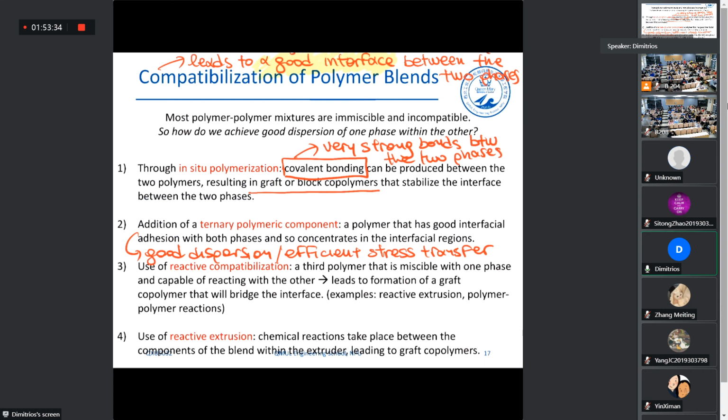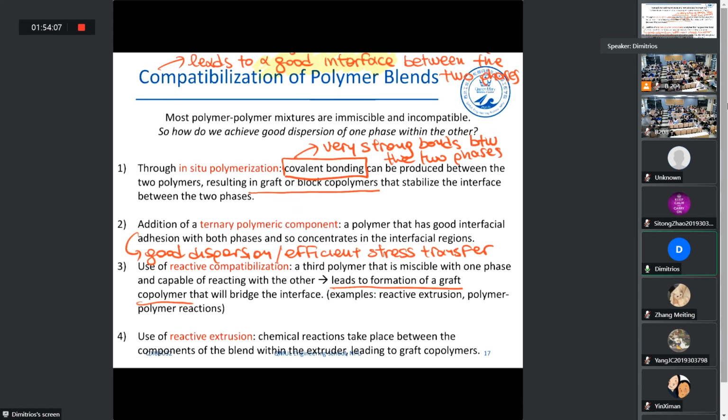Reactive compatibilization is another technique where a third polymer, which is miscible with one phase and capable of reacting with the other, leads to the formation of a graft copolymer that will bridge the interface. Okay, the formation of a graft copolymer is always a good thing in trying to do compatibilization because, again, we have a polymer that bridges the interface between the two, okay?